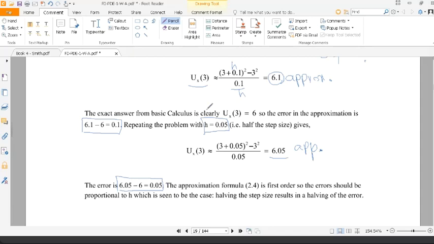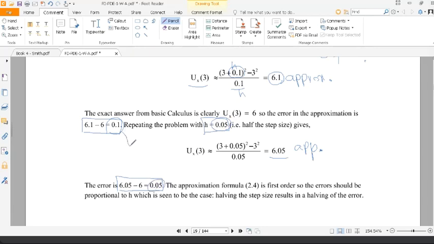When we use h equal to 0.1, the error is 0.1. And when we use h equal to 0.05, the error is 0.05.